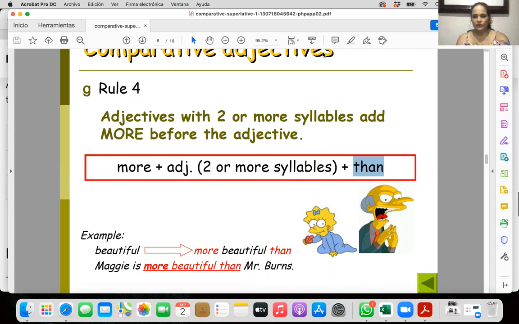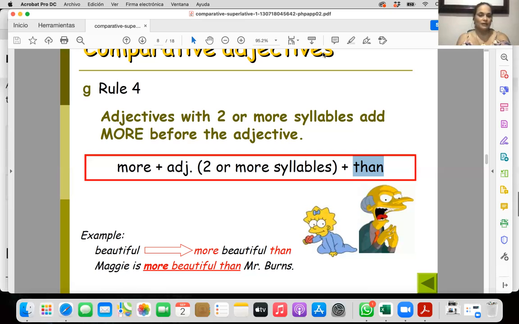Some examples are good, bad, and far. Good is monosyllabic, but because it's irregular, we don't say gooder. Gooder doesn't exist. We change the word completely from good to better. That's why they're irregular. And we're going to, of course, use our comparative word than.